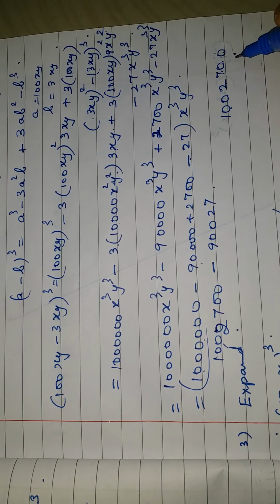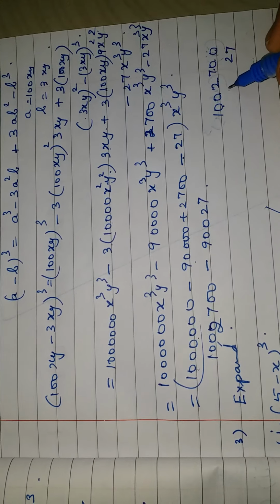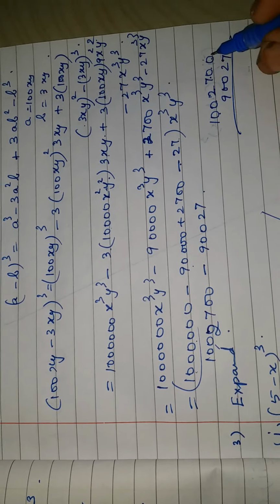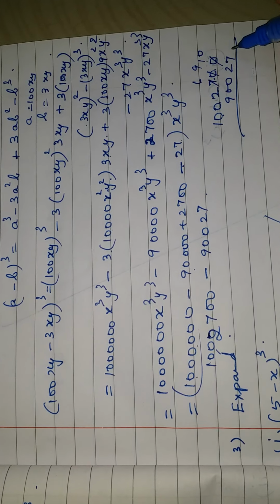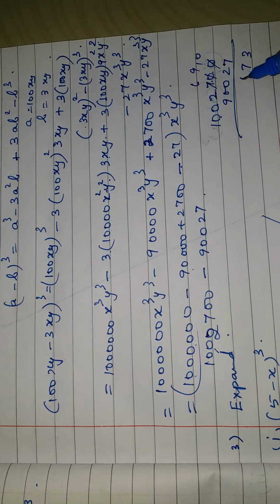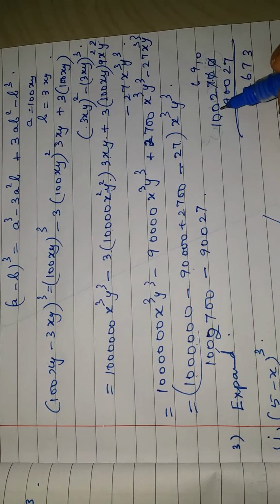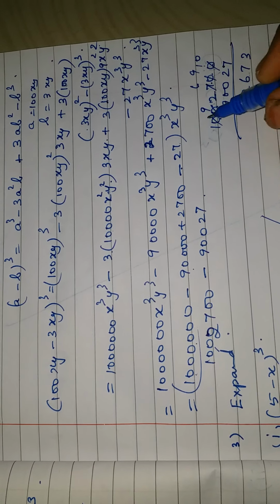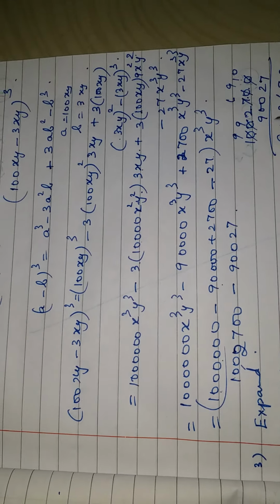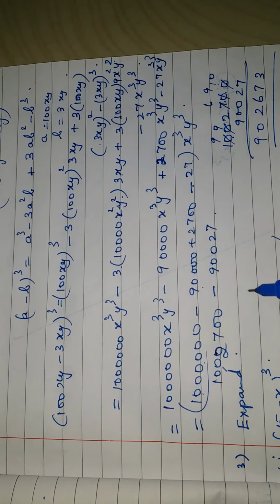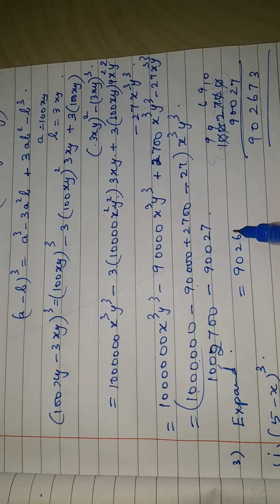See that you write one below the other correctly. This is 10, this is 9, this is 6. So 3 7 6 2. So this is 9, this is 9. So you will get 0 9. 9 minus 9 will give you 0. So your answer is 902673.